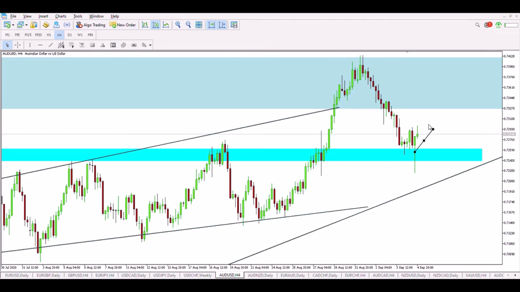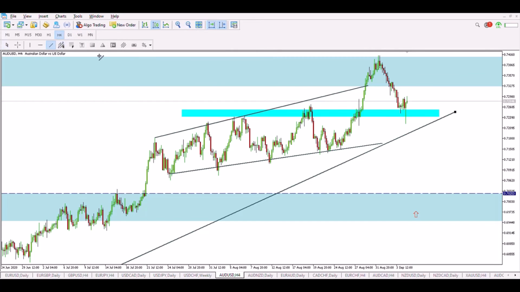So what we can see next week is continuation to these previous highs in this previous resistance zone, or of course a bearish continuation to these previous lows and until this support zone.